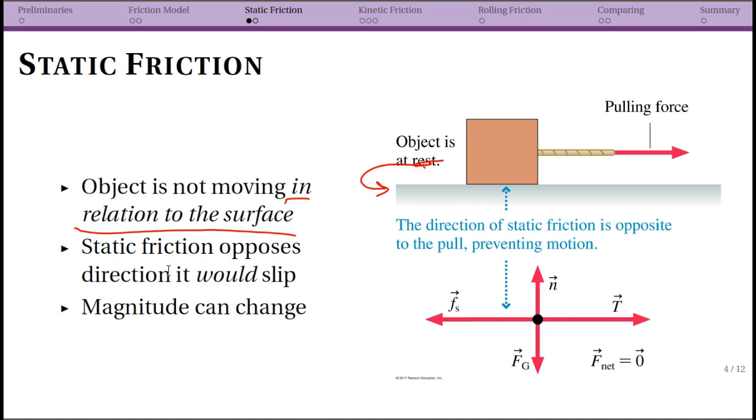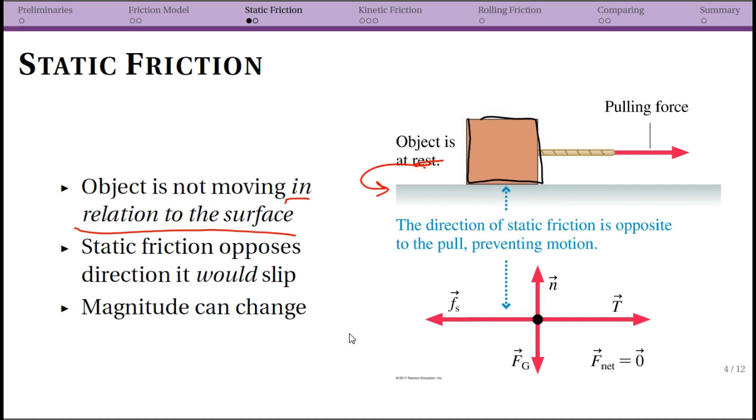So the next thing is that it opposes the direction in which it would slip. So let's look at this box and what this means, right? In the case where I am pulling, as the picture shows, we would say that static friction is to the left. Because if I'm pulling to the right and the box is not moving, there must be a force to the left canceling it.